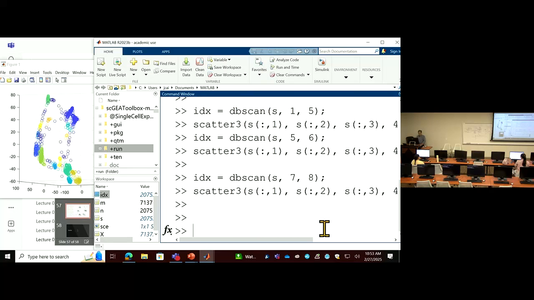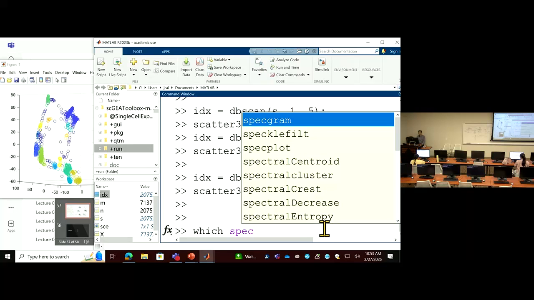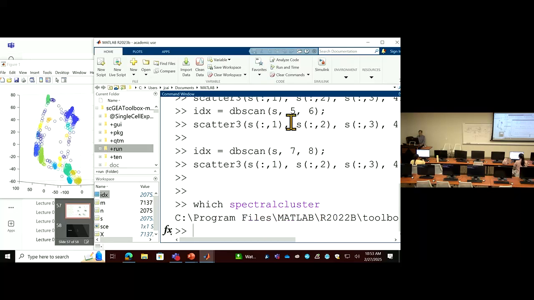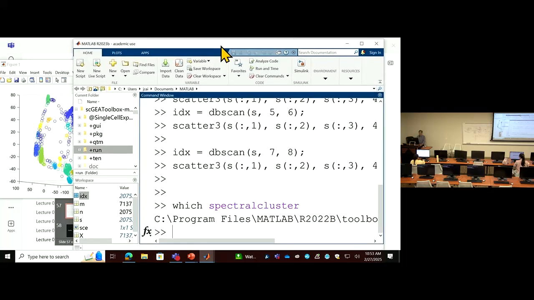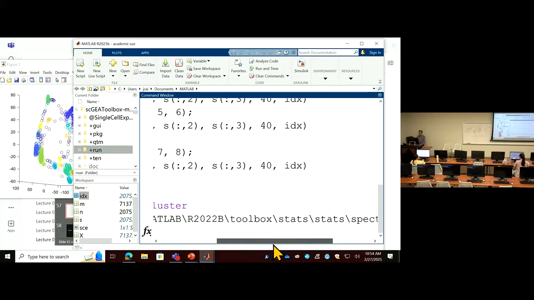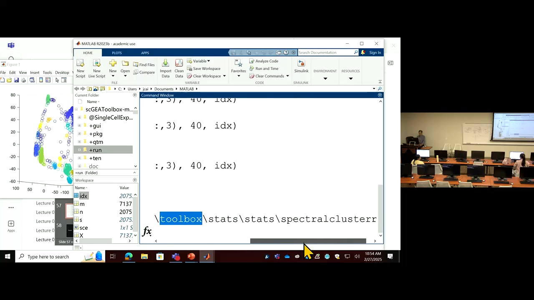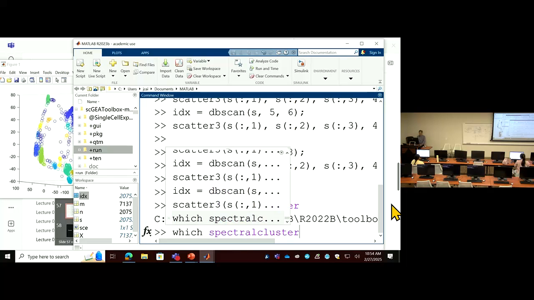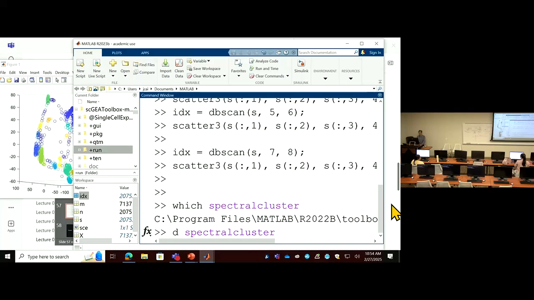Okay, so the last one you should try is spectral clustering. If you look at this function in the Statistics Toolbox, you can try to read the documentation.